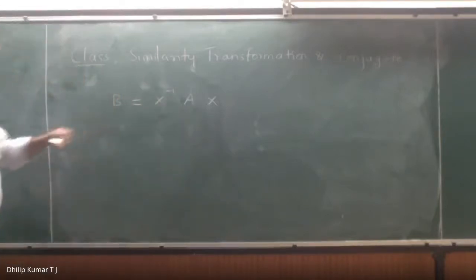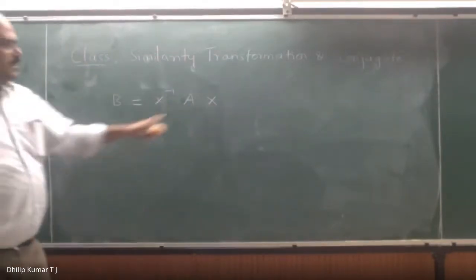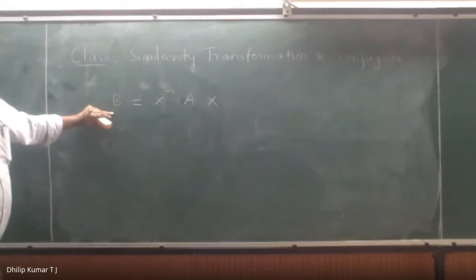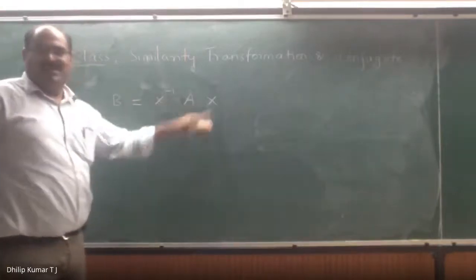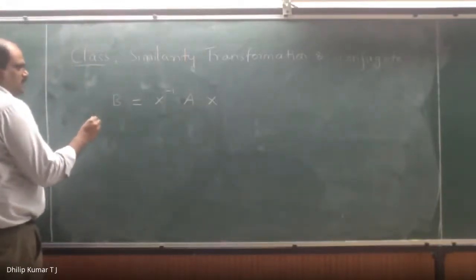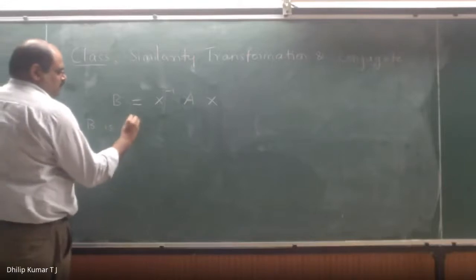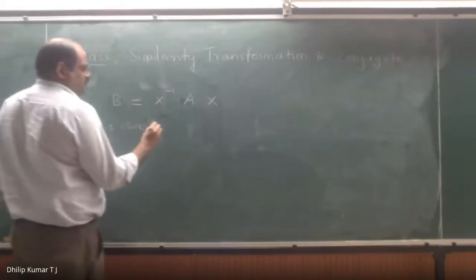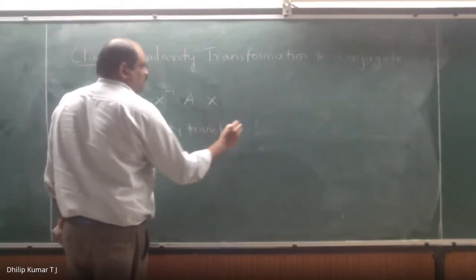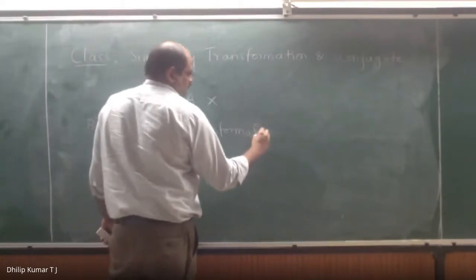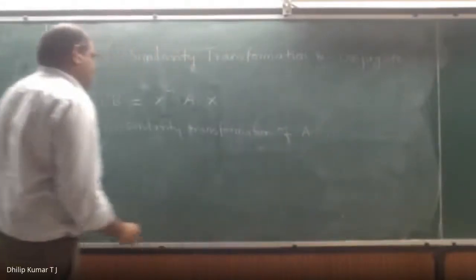If you perform X inverse, A, and X, and it results in B, then we say B is the similarity transformation of A with respect to X.